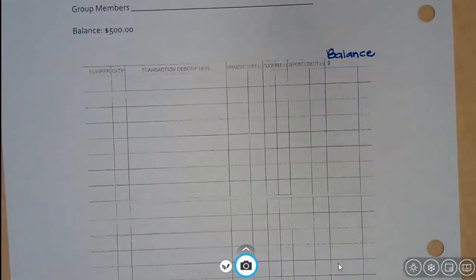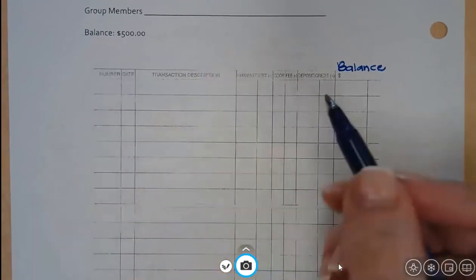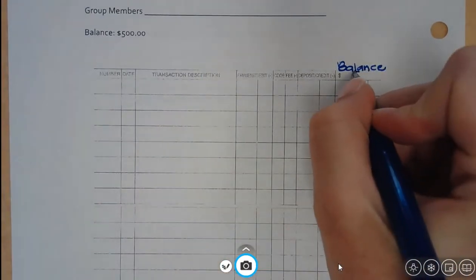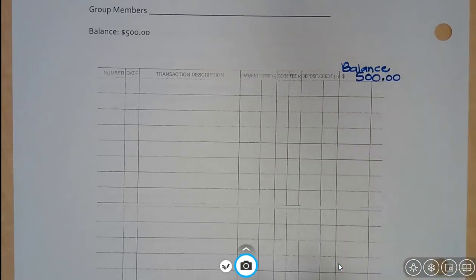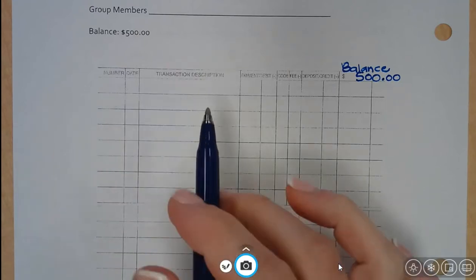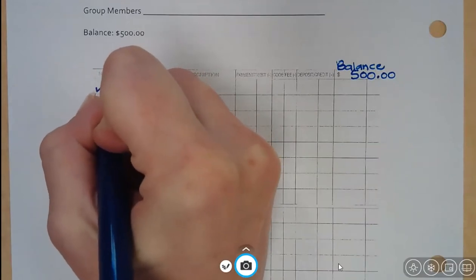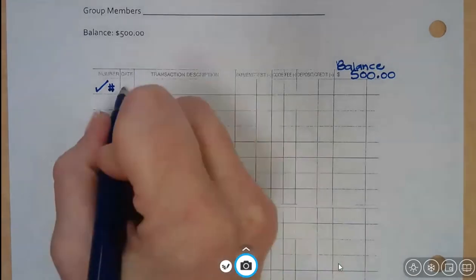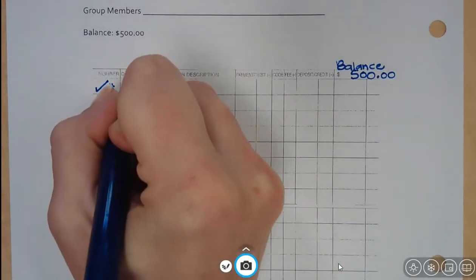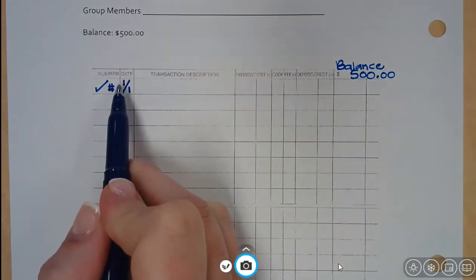As we go through here, you can see that our starting balance is going to be $500. So we're going to write that right here at the top, $500. The first thing that we're going to do is write a little key for ourselves up here. Right here goes the check number. When we put in the date, we're just going to write it in a basic format. If it was January 1, we'd write 1 for the month, since that's the first month of the year.